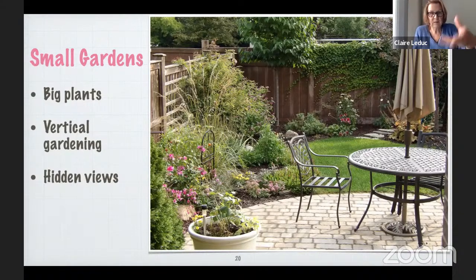So those grasses, and there's a rose climbing on the fence, are good-sized plants. And it also gives the benefit of hiding a little bit of what's going on behind. So again, you get the sense of discovery, the sense of wanting to know what's going on there, the hidden views. And also, key here is to grow vertical. If you can't go wide, then go high is the rule.